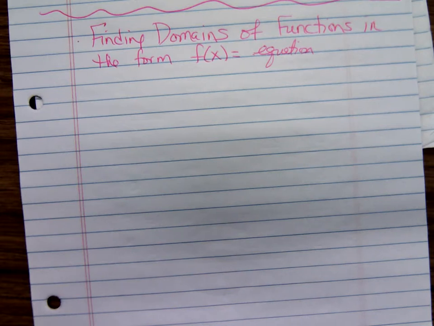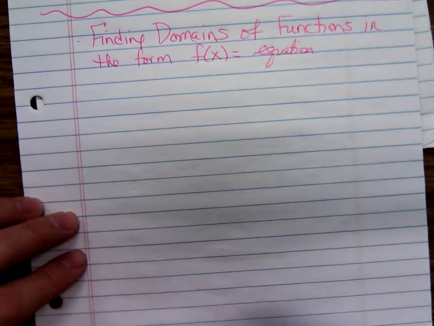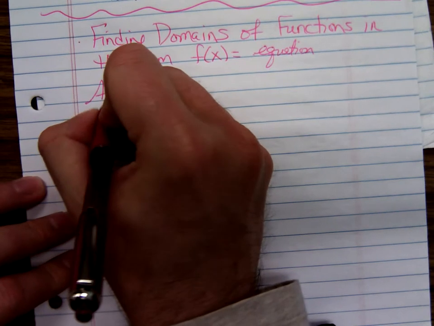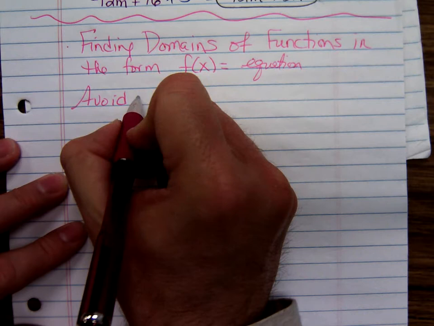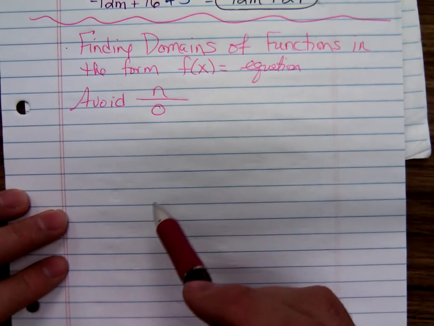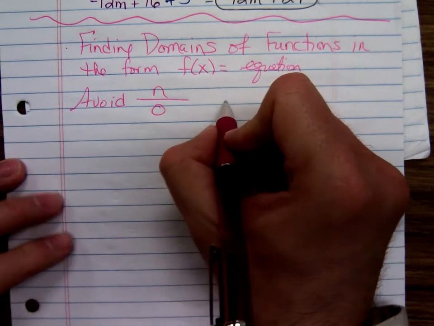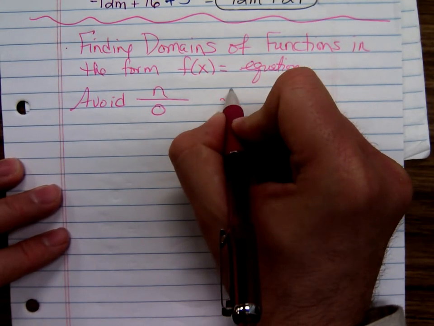What we're going to want to do is avoid, there are two types of errors we get on our calculator, and that's the division by zero, if you have a number over zero, and also there's another type of error we get, it involves a square root, negatives under the square root.